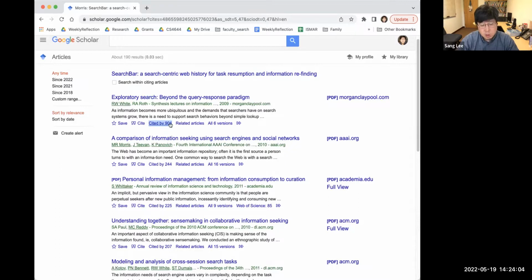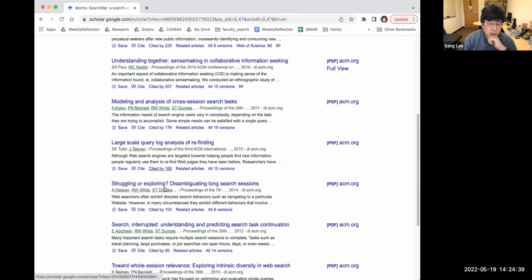This number is not necessarily the quality of the paper, but it's a good proxy of how impactful the paper was to the community. Like this paper is cited nearly 1,000 times, which is pretty good for the time. So you can see that, hey, these are the papers that I should read.